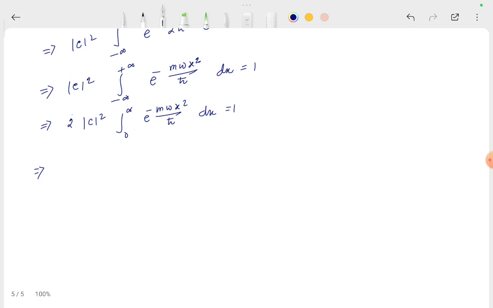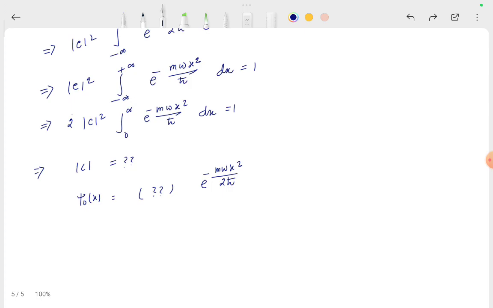You just find out the value of c. This is your task, and then find out the actual form of the ground state wave function. This too is your homework. Use the gamma function rules here and find out the value.